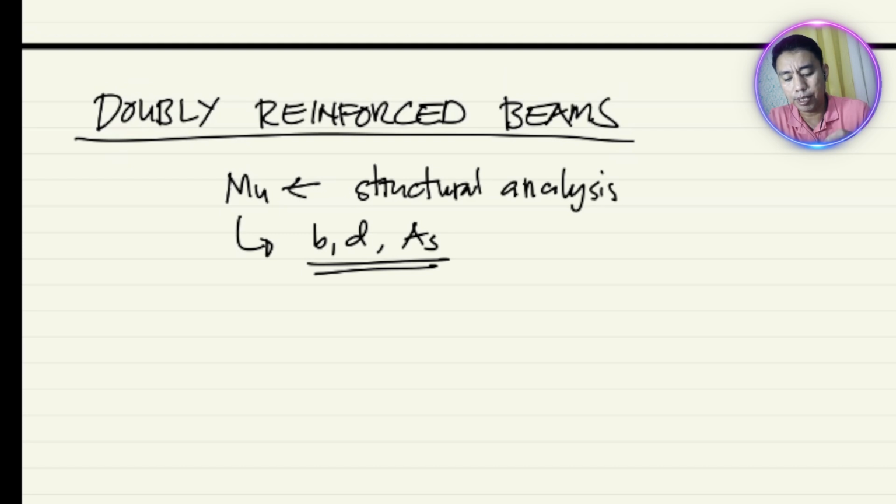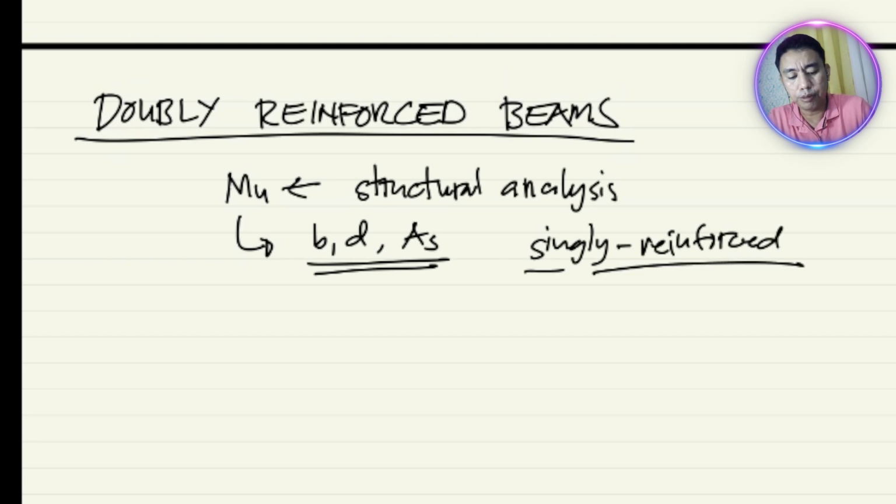And then from there, we solve the area of bar. So in every design, we make sure that the design is singly reinforced. Okay, that's our previous topic, singly reinforced.